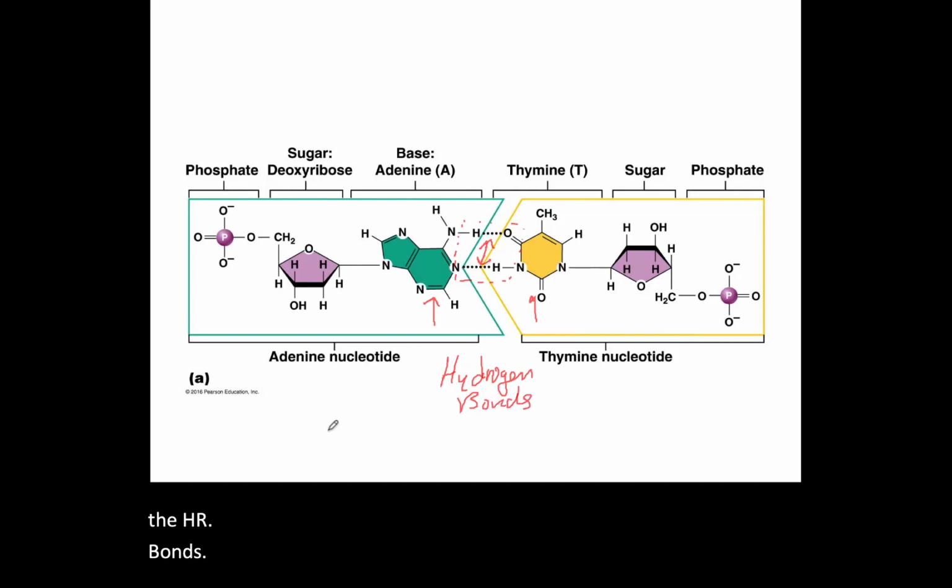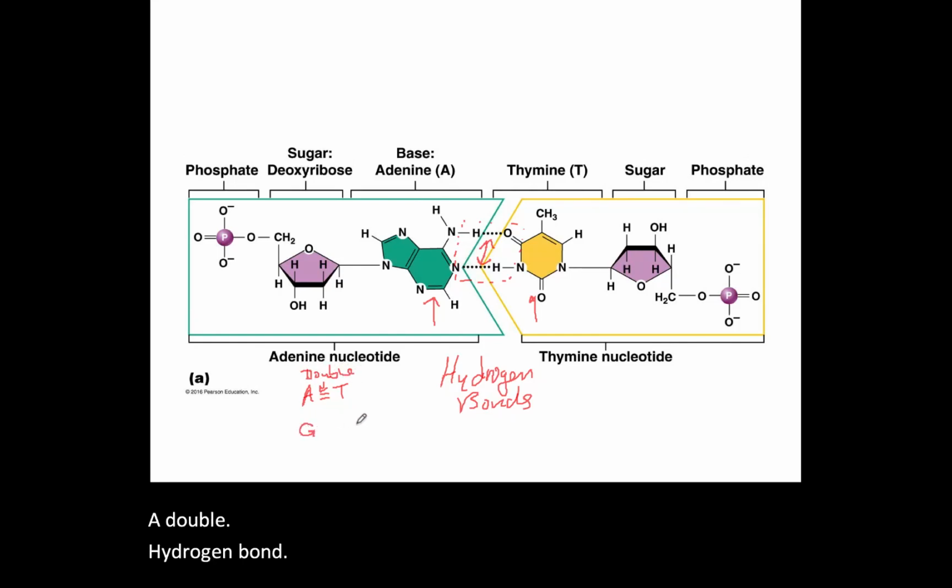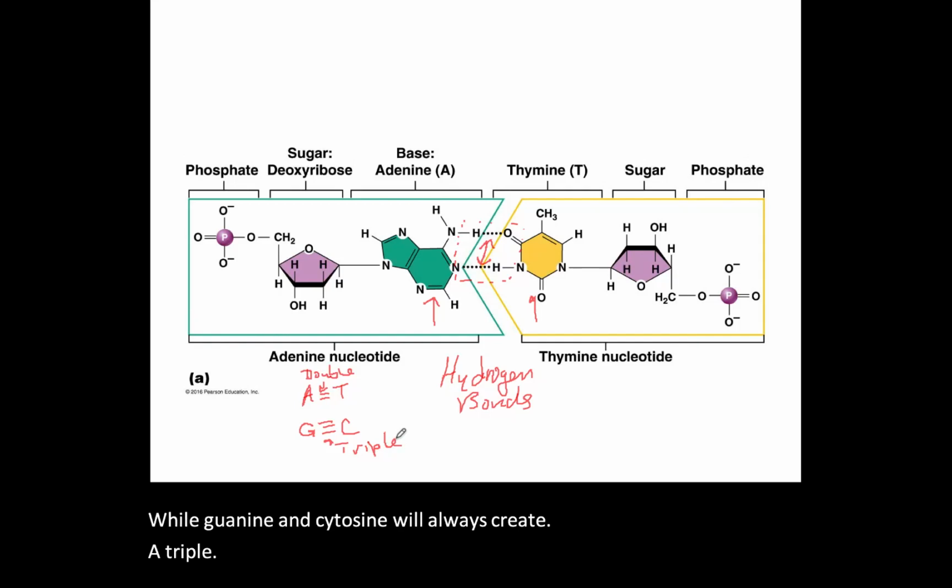And when we are dealing with DNA, adenine and thymine will always create a double hydrogen bond, while guanine and cytosine will always create a triple hydrogen bond.